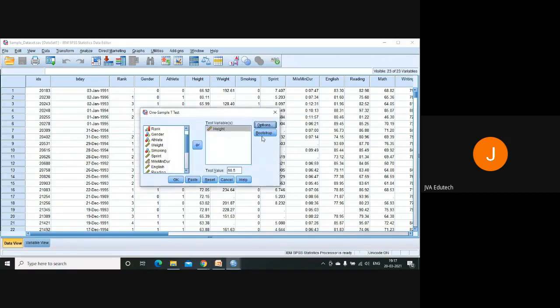Options, nothing is there. In SPSS, you might find this option, Bootstrap. I'll come to Bootstrap in some advanced analytics during this session.